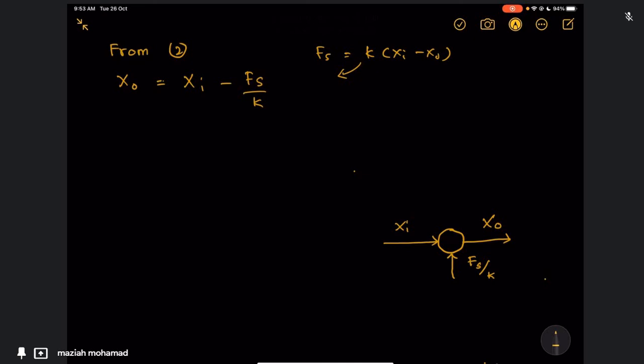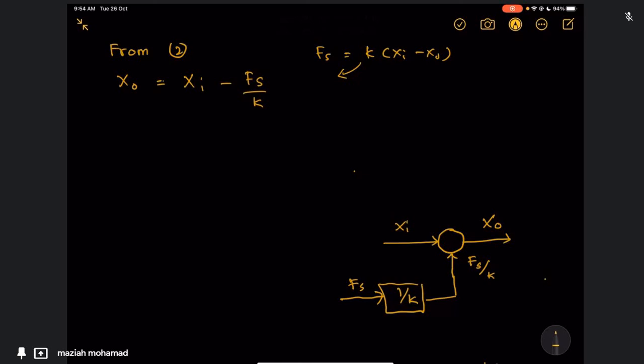Because there is no equation that contains fs over k, we're going to draw it in whichever direction is suitable. 1 over k, then this is fs.